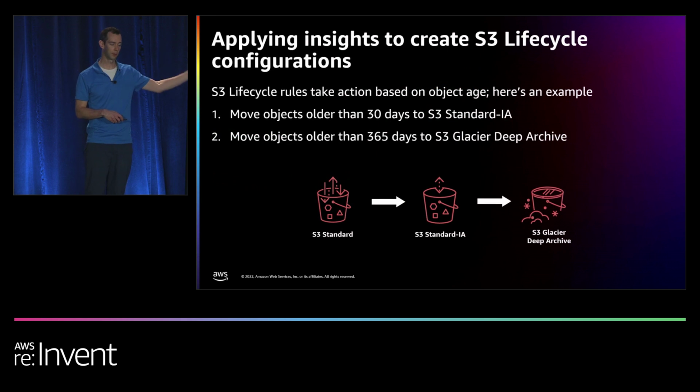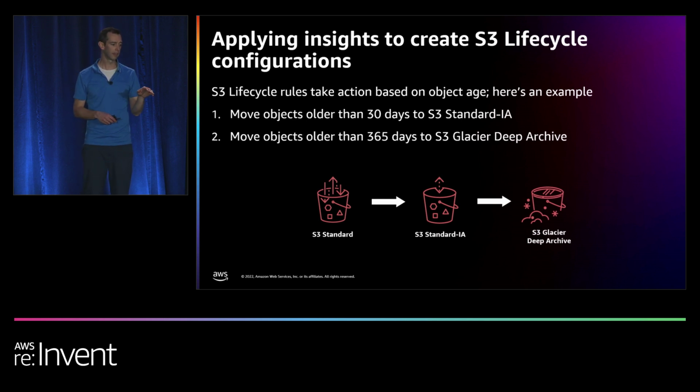Here's a very simple example here. So the data lands in standard. I see an access pattern where people are accessing it for 3, 4 weeks, something like that, where you've got a fairly predictable access pattern. Great. After 30 days, let's move it to standard infrequent access. At that point, you're saving about a cent per gig per month, depending on what region you're looking at. So significant storage savings, about 40% or so based on the pricing of S3.